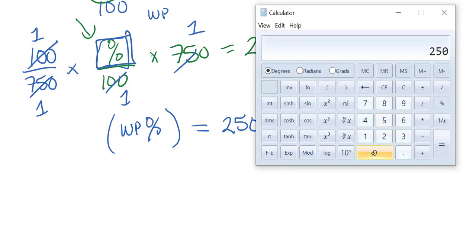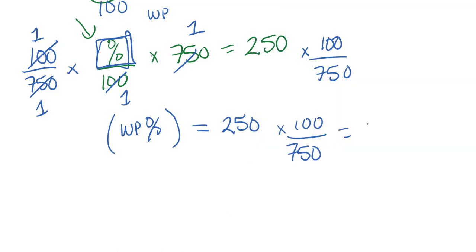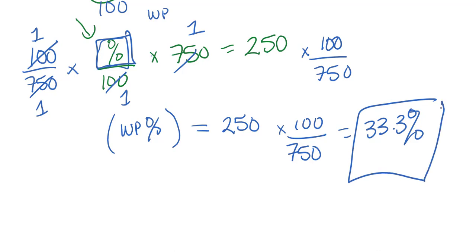We have 250 times 100, because we multiply what's on the top, so that's 250 times 100, divided by 750, and we get 33.33, and it continues on. So we can just say 33.3%. So we could say it's definitely below the 50%. So let's look at another example.